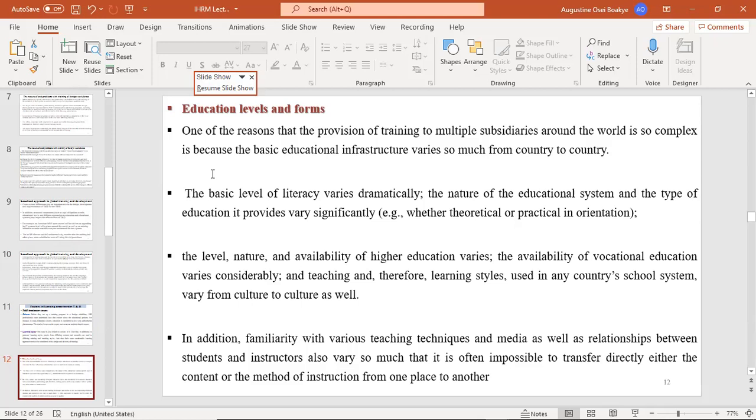In addition, familiarity with various teaching techniques and media, that is the medium through which you will conduct the teaching, as well as the relationship between students and instructor, also varies so much that it is often impossible to transfer directly either the content or the method of instruction from one place to the other.